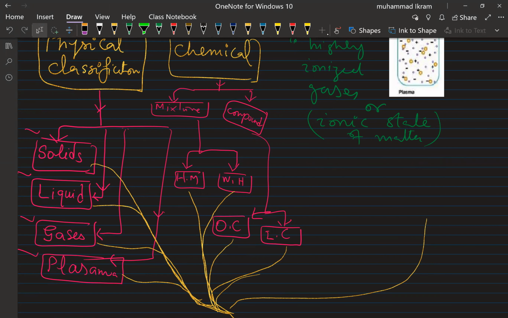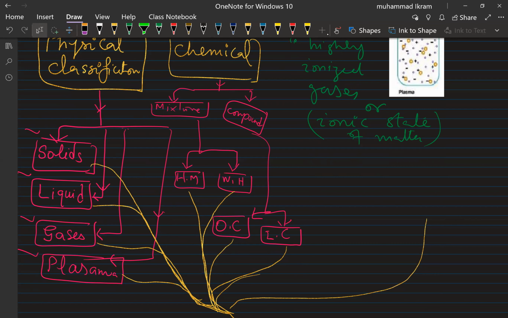That is called the fourth state of matter. I'm sorry for this disturbance. Okay. So plasma is when the gas is in its ionic state.